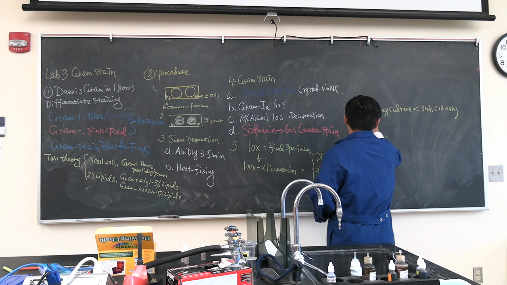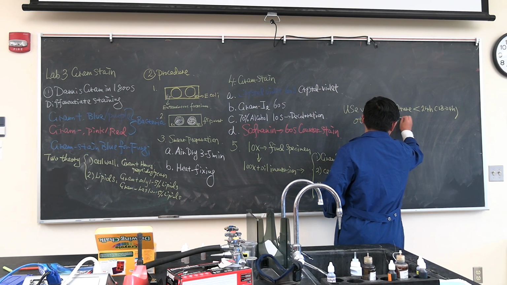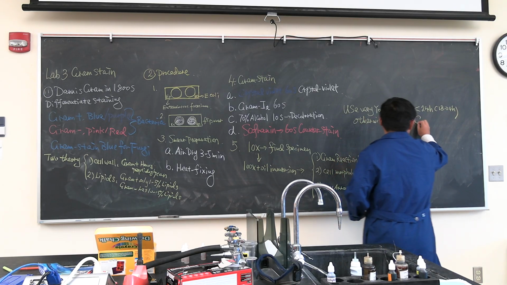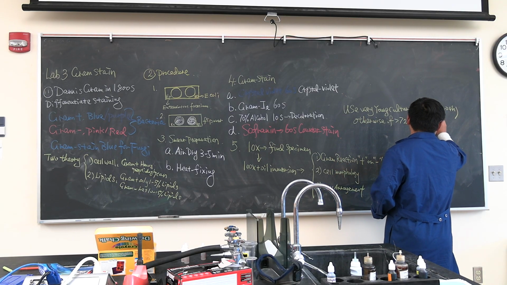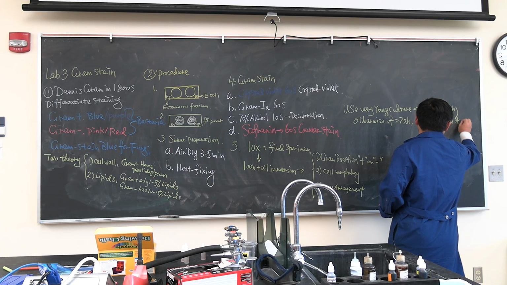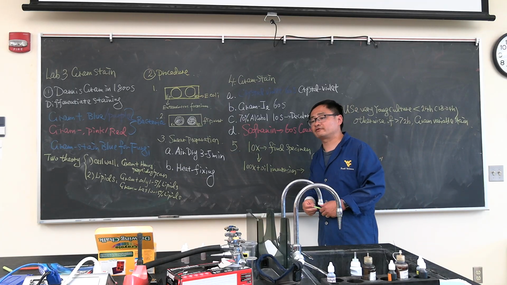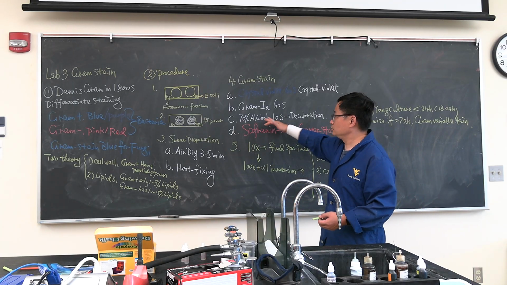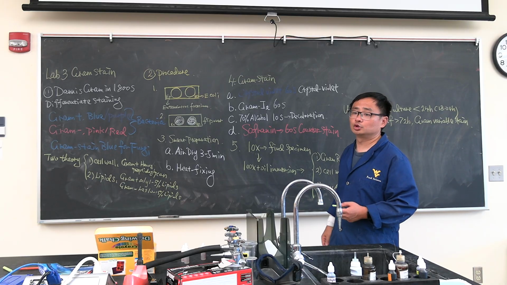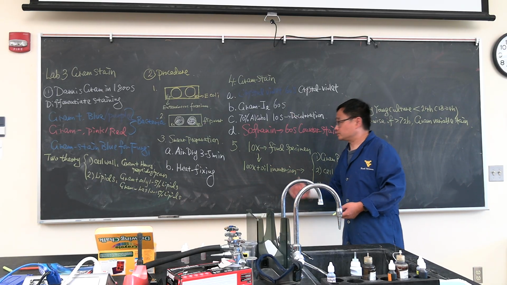So we say gram-variable stain. Otherwise, if more than 72 hours, we call it gram-variable stain. Another possible reason for gram-variable stain is that the decoloration time is too long. So these are the major steps.